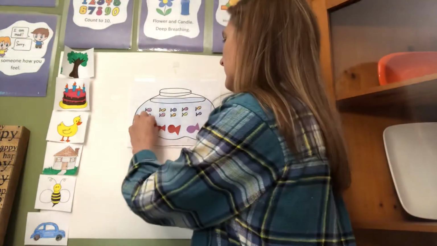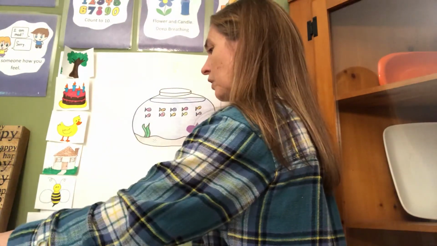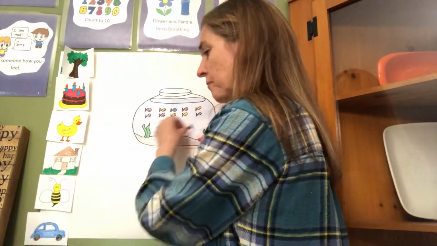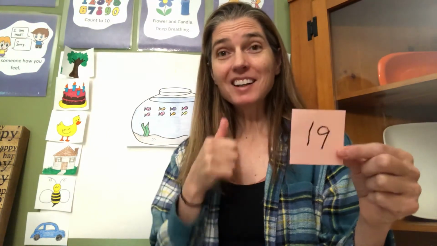Okay, let's do the last 2 teen numbers. Are you ready? Okay. How about you do this great big number? What's 1 and a 9? What do you think that might be? Right, 19.